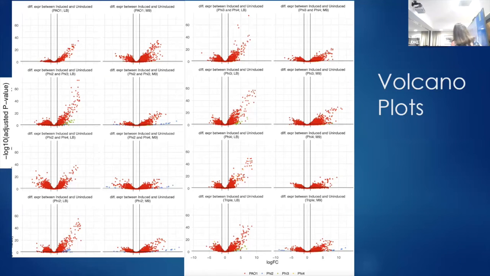And I still don't have a great way of showing this. This is looking at uninduced growth and induced growth in the naive cells under 2 different growth media. And then we have double lysogens, single lysogens, and triple lysogens, and the doubles.